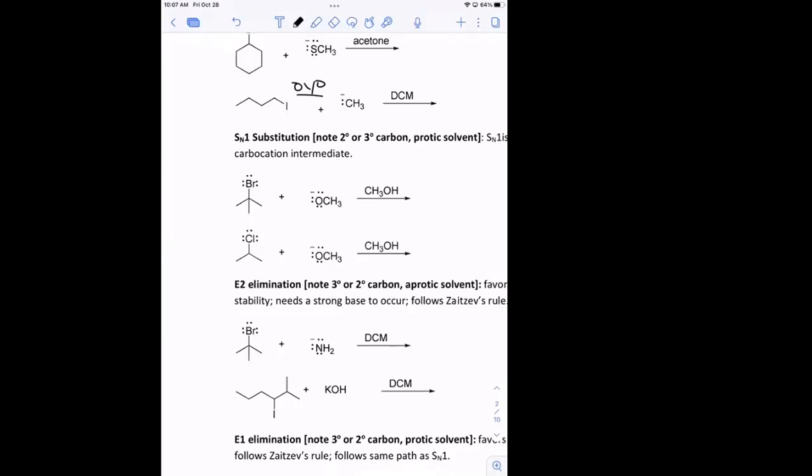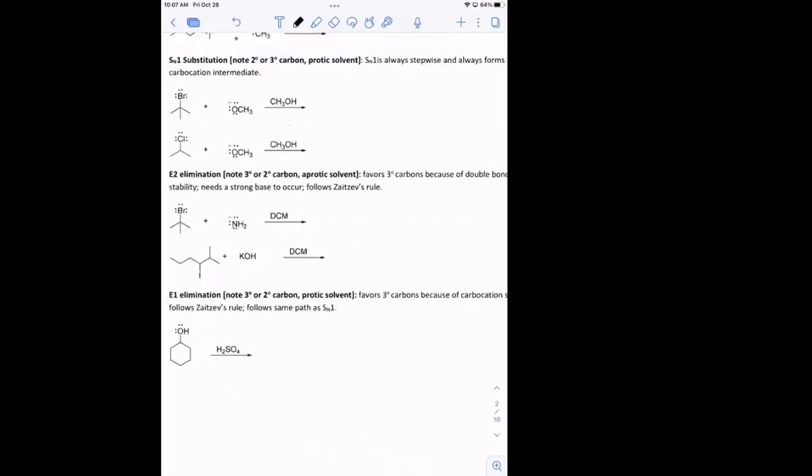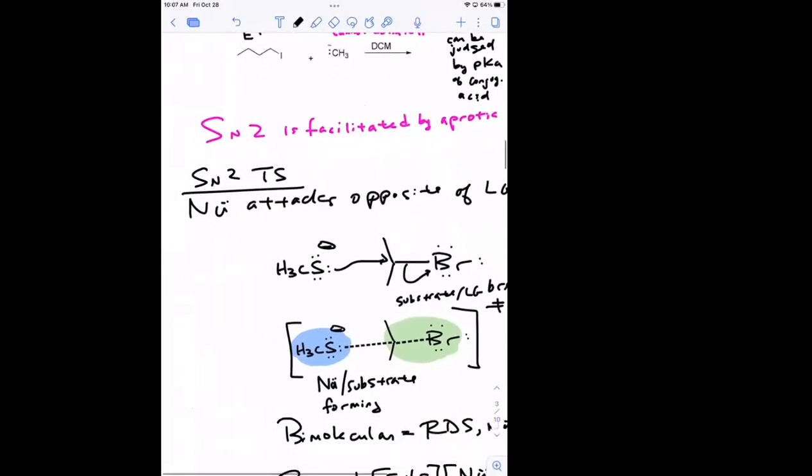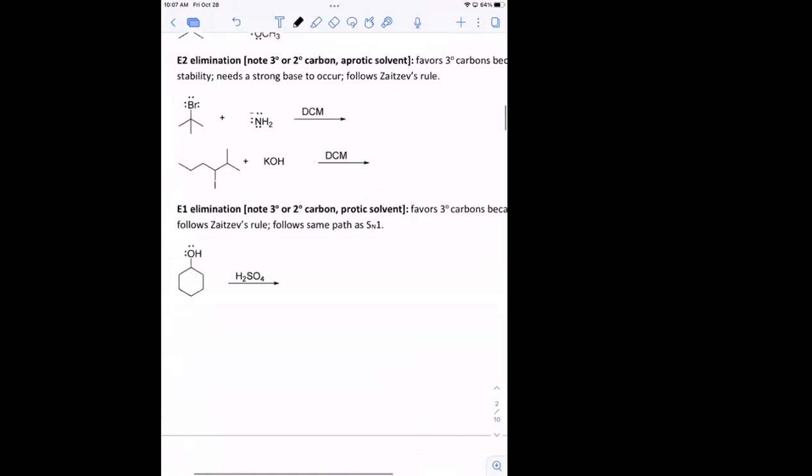All right, let's go to the SN1 reaction.